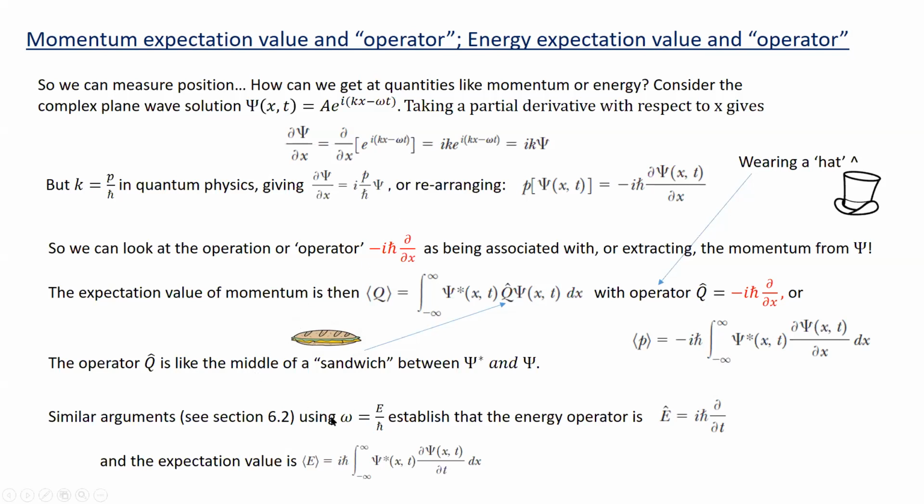And then we specialized to quantum physics, which has the probability density for the distribution given by psi star psi, to figure out how to get the position expectation value. And then we used the de Broglie relationship and the Planck relationship to figure out how to extract expectation values, that is physical quantities, for the momentum out of the wave function.